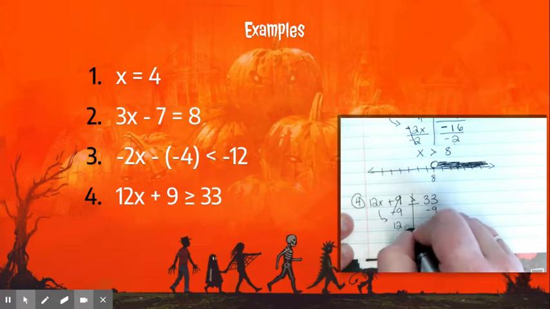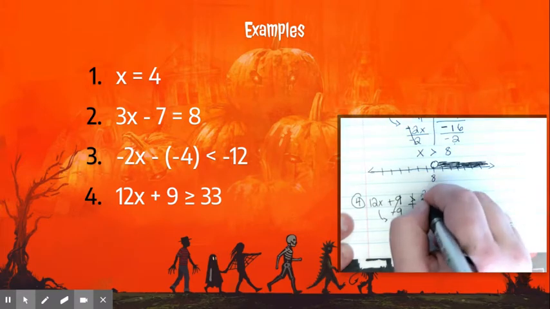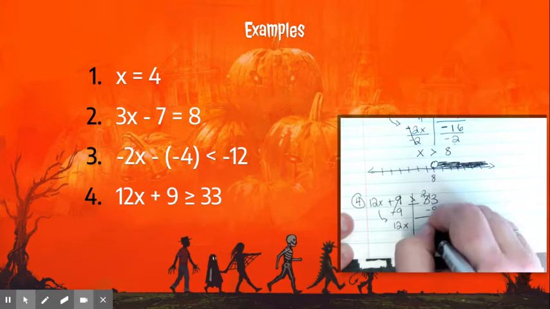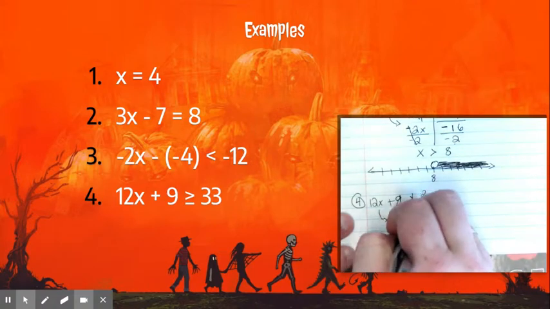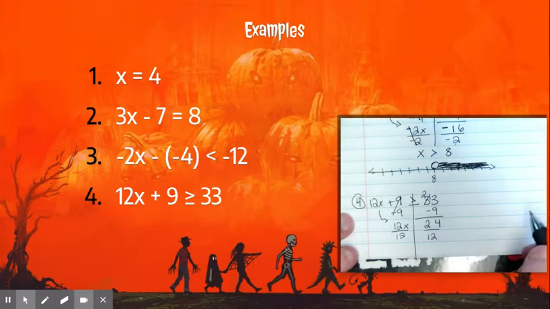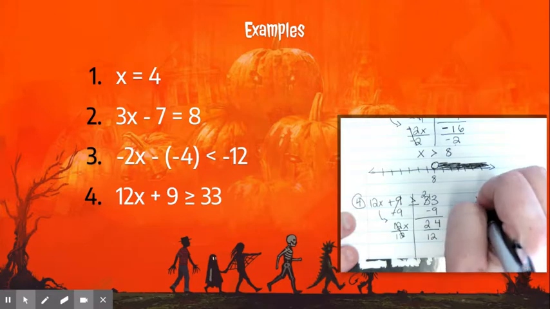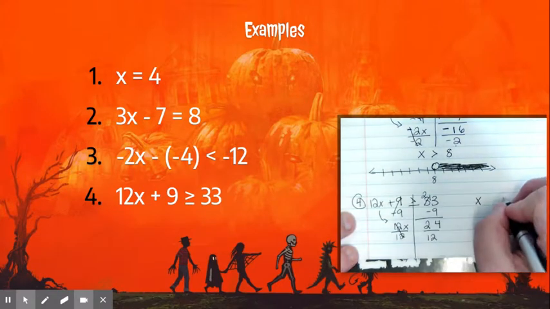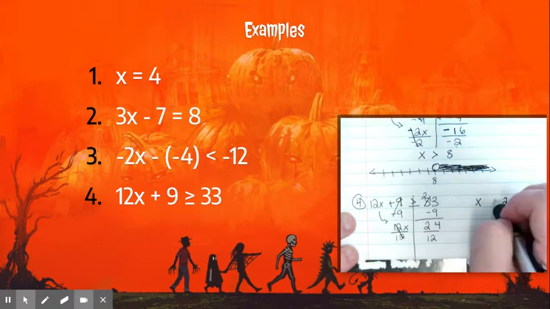I'm left with 12x over here, and then 33 minus 9 is 24. And then last thing, divide by 12, because that's 12 times x. 12 and 12 cancel each other out. I'm left with x, and 24 divided by 12 is 2. And we didn't divide by a negative, so it's going to stay greater than or equal to.